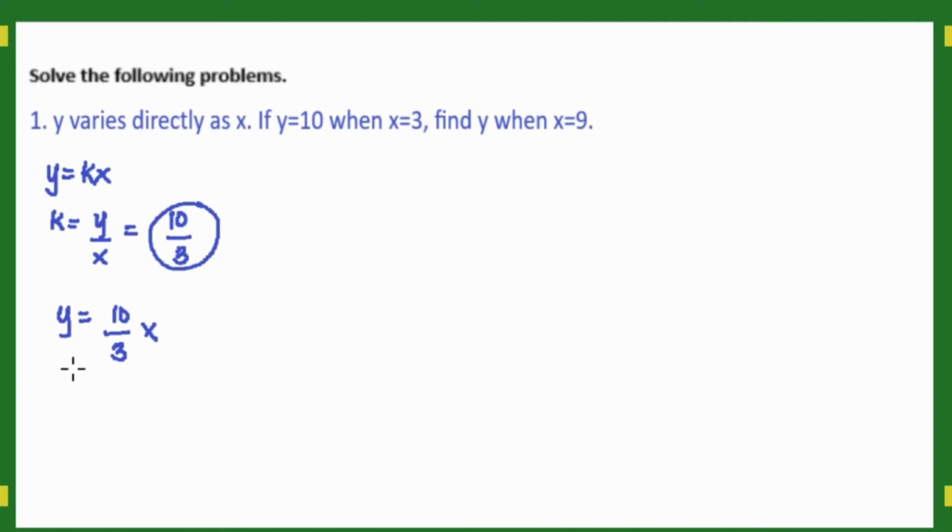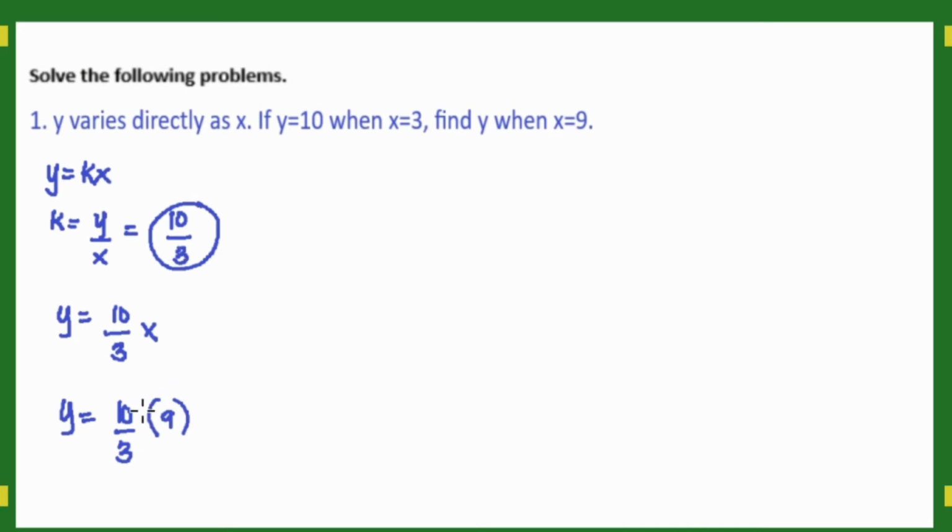Let's solve the problem now. Sabi niya, find y when x is equal to 9. So, y when x is 9. So, papalitan mo yung x, gagawin mo siyang 9. So, 10 over 3 times 9. There are two methods here.